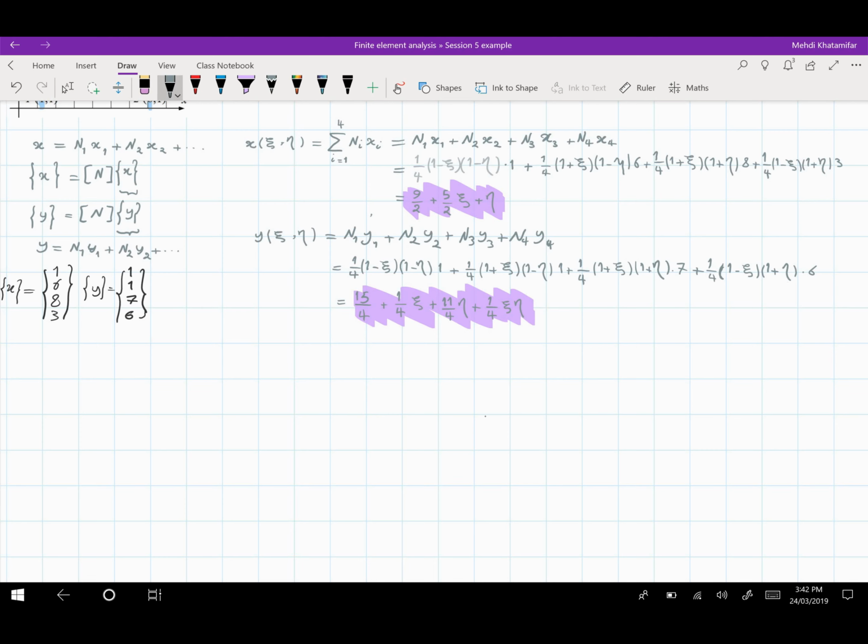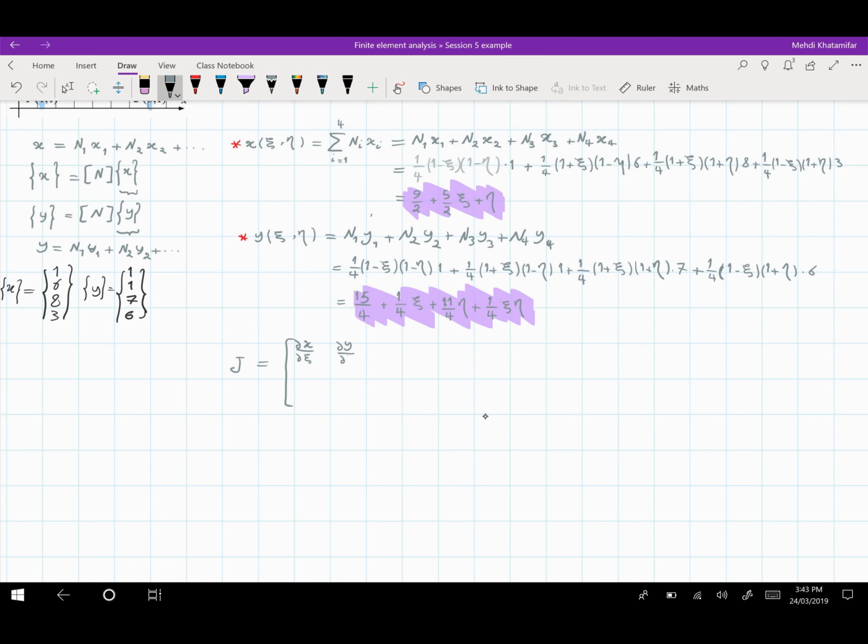Next step is very easy, because now we have x and y in terms of psi and eta, everything would be much easier for us. So let's find the Jacobian, let me write the Jacobian matrix. Jacobian matrix is this: derivative of global coordinate over local coordinate.